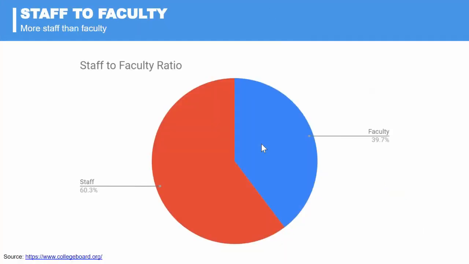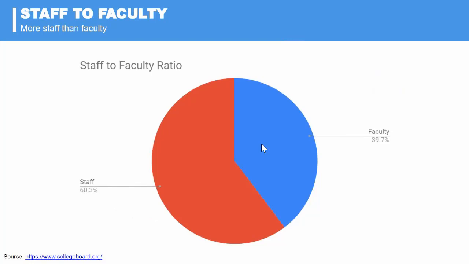And this is some statistics actually related to that from collegeboard.org that I think are very interesting. So I'm just going to run through and comment on a couple of these statistics. So one is the staff to faculty ratio. So administration versus the learning side of the university. This is a national average, so your school may be different.